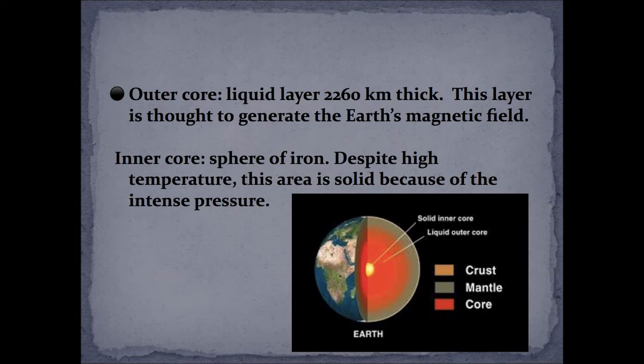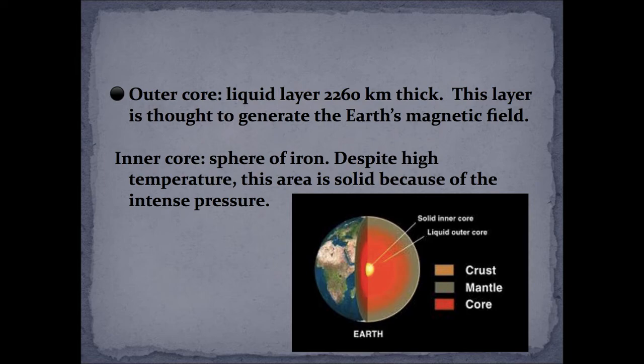The magnetic field acts like a barrier to that. It shields us from radiation from outer space. And because the outer core is liquid, it's a metal and it's spinning with the Earth's rotation, that's how that magnetic field comes to be. The inner core is a sphere of solid iron.